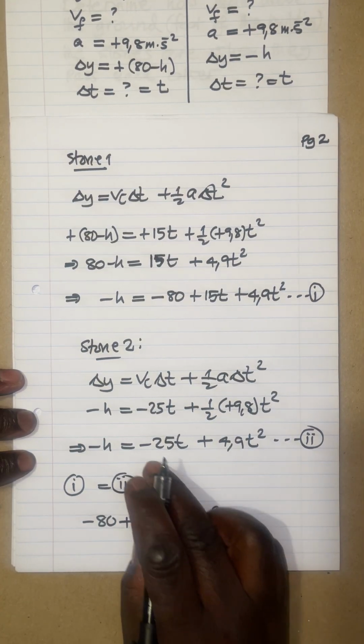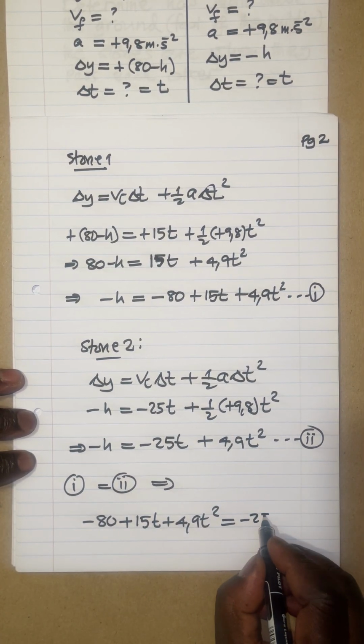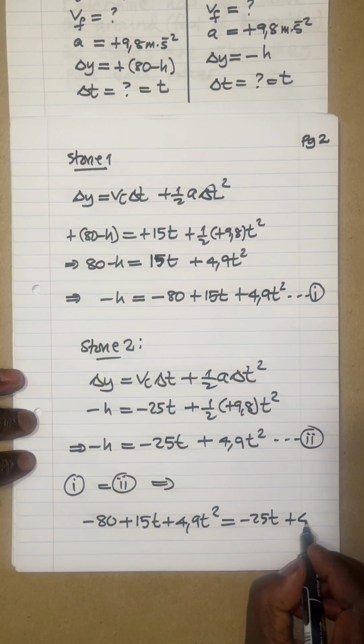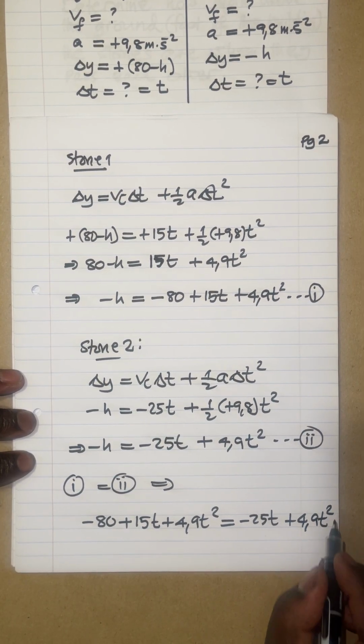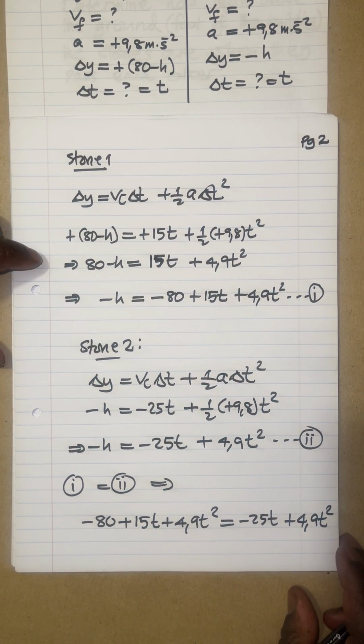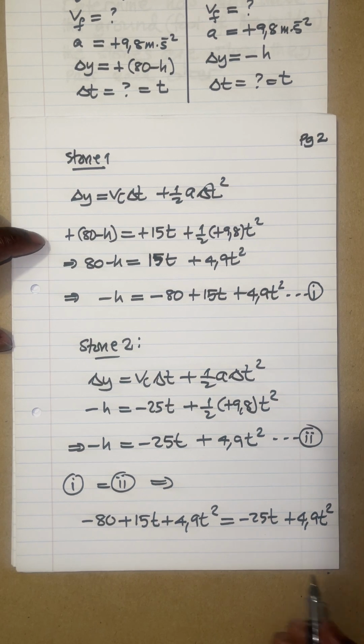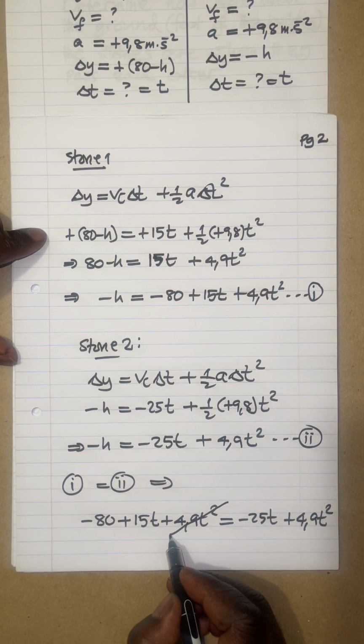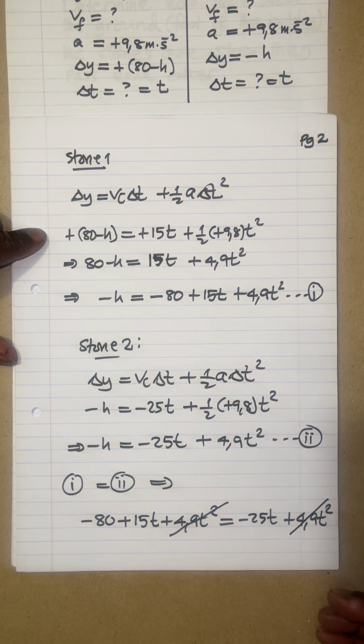This must be equal to this part here, minus 25t plus 4,9 t squared, because they are both equal to minus h. Right, now you can clearly see that 4,9 t squared cancels that.